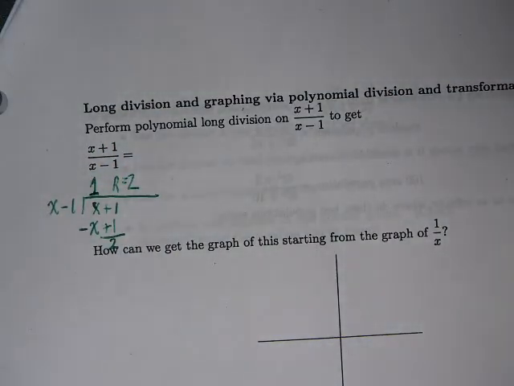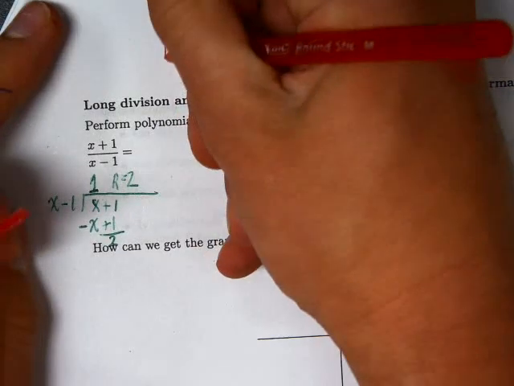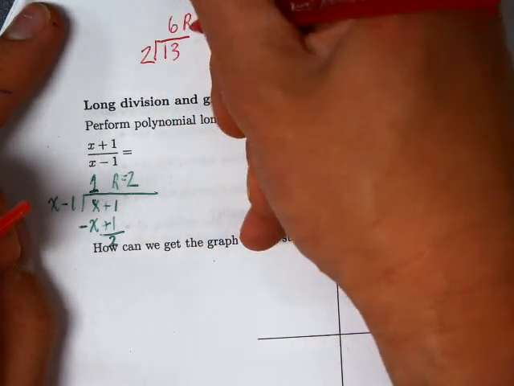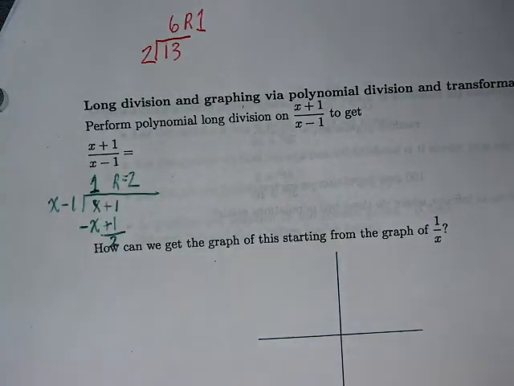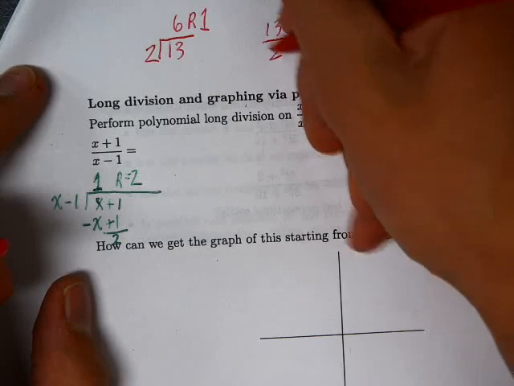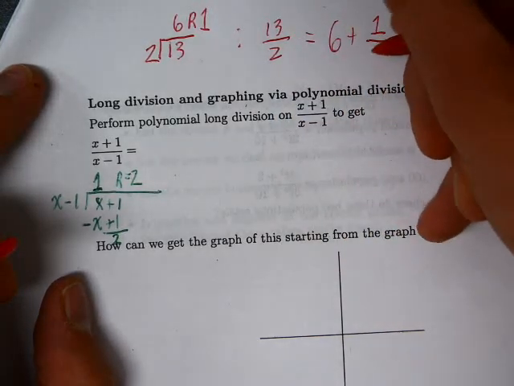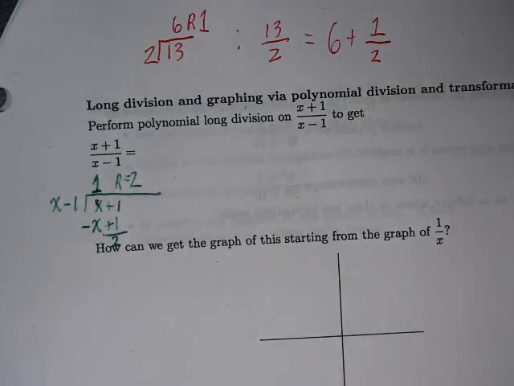And let's think about what remainders even mean, how you're supposed to interpret them. If you ran the division algorithm and you divided 2 into 13, you would get 6 with a remainder of 1. And what does that mean? That means 13 over 2 is 6 plus a remainder of 1, so 1/2. That's all that remainder means.